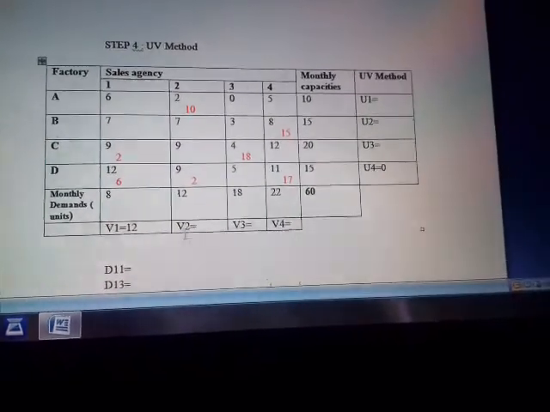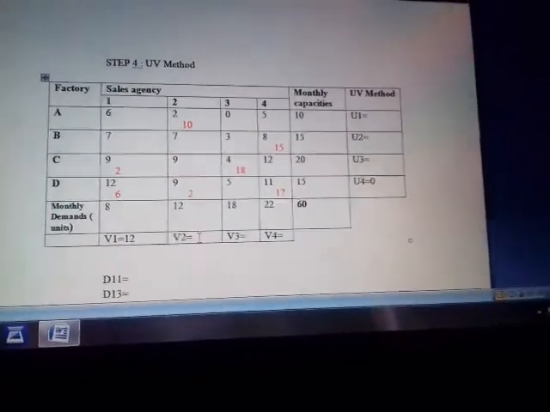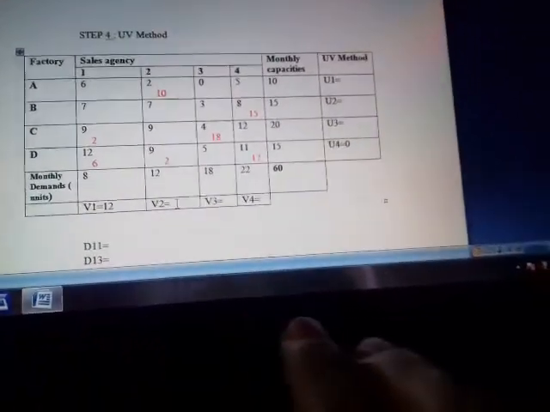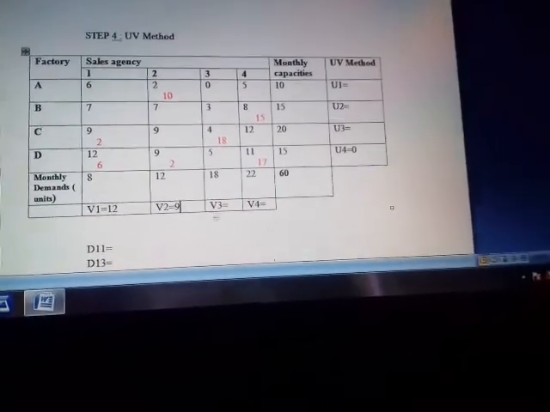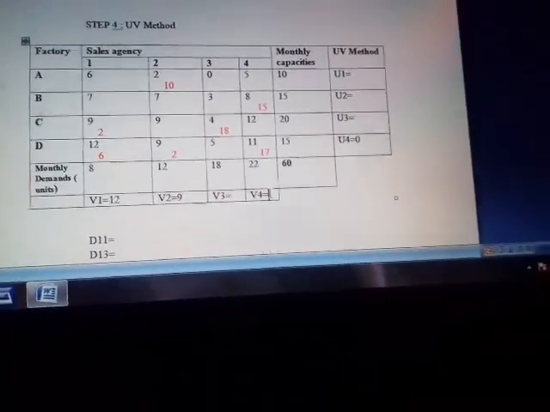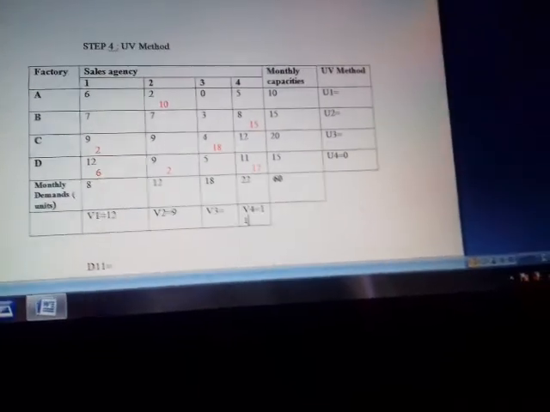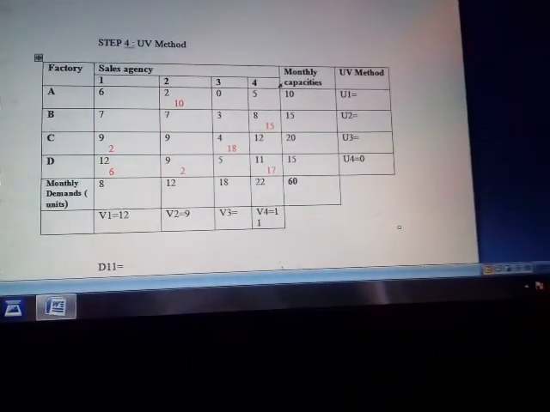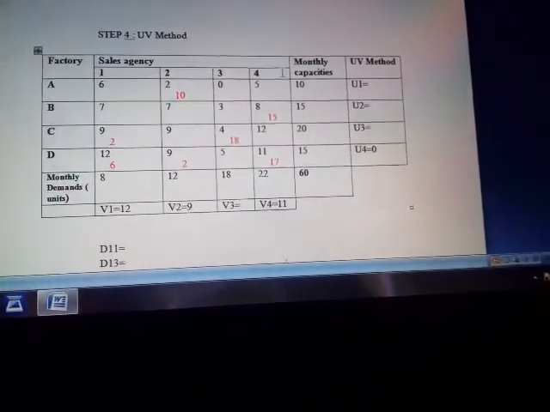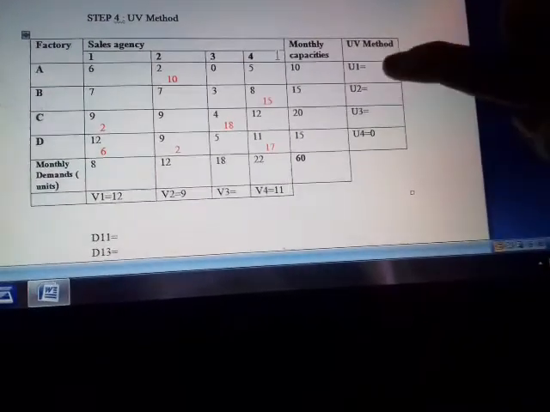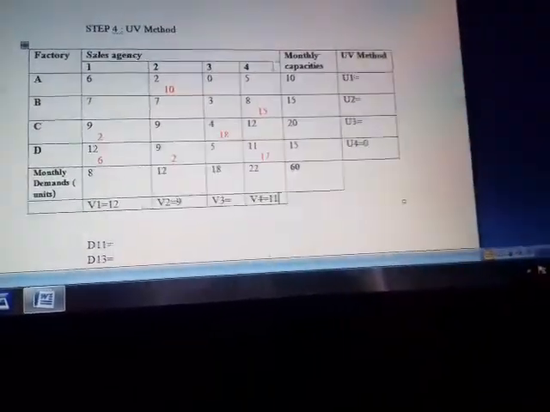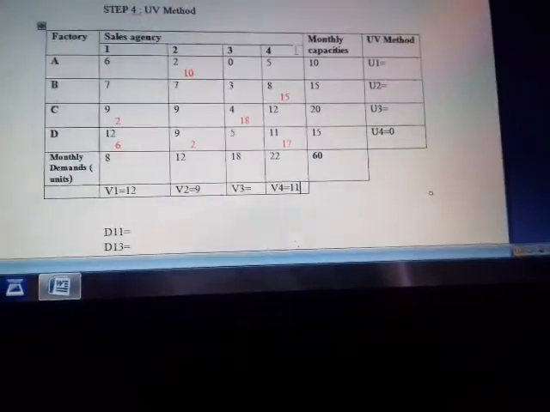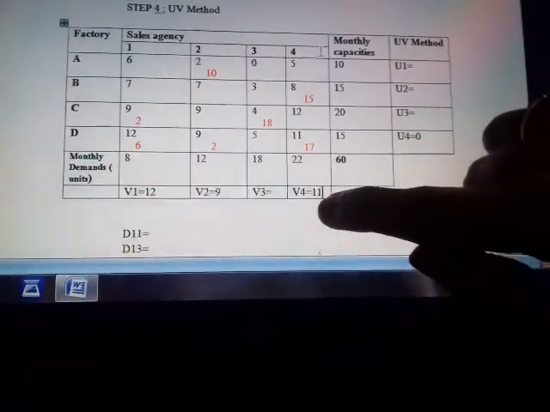Okay, and then V2 is 9 and V4 is 11. Okay, so which ones do you have to find out now? You have to find out only U1, U2, U3 and V3. So now here it is 11, no?